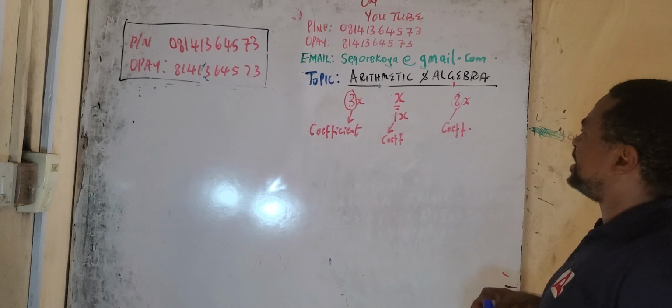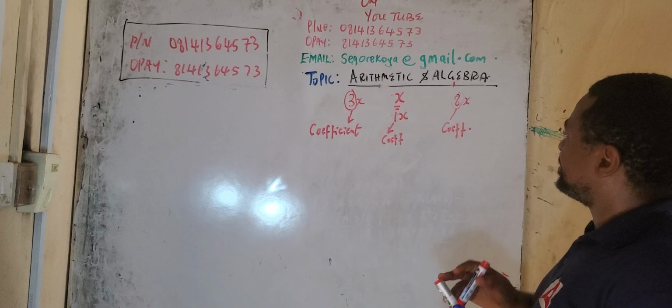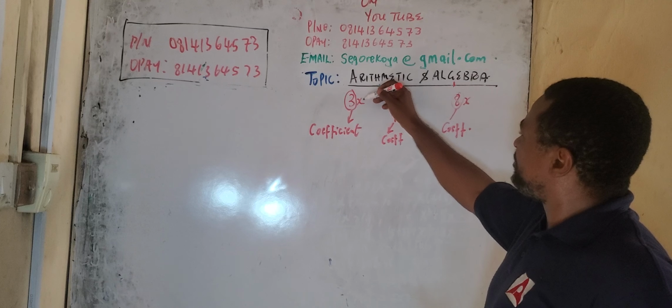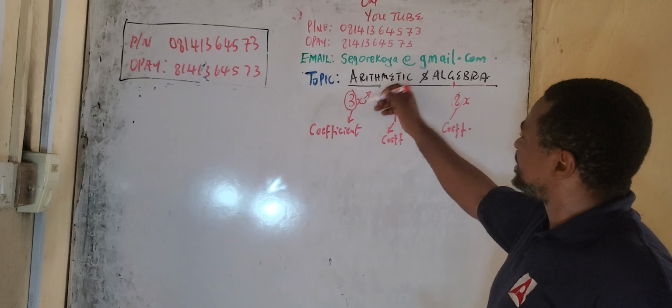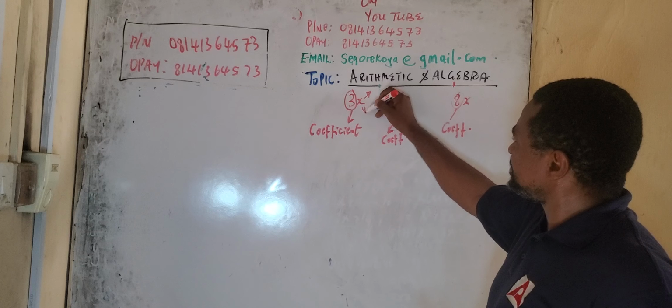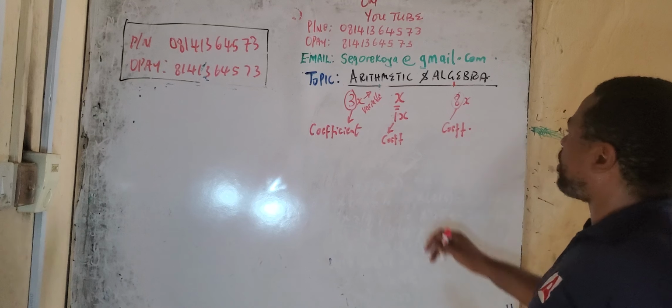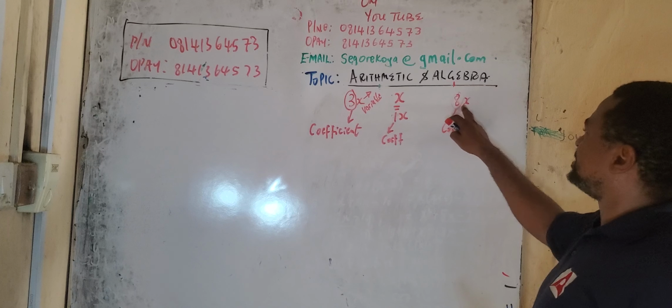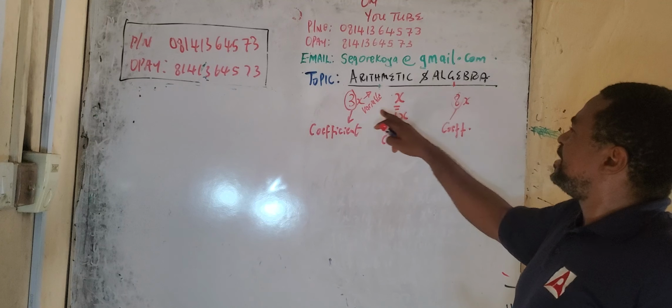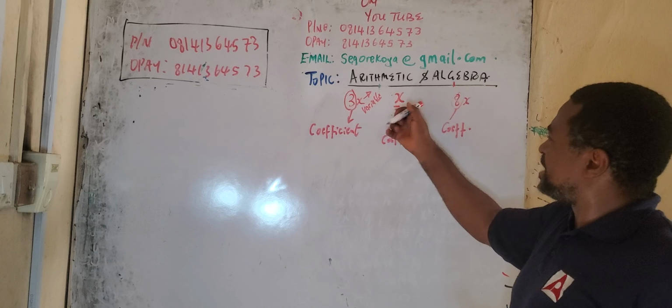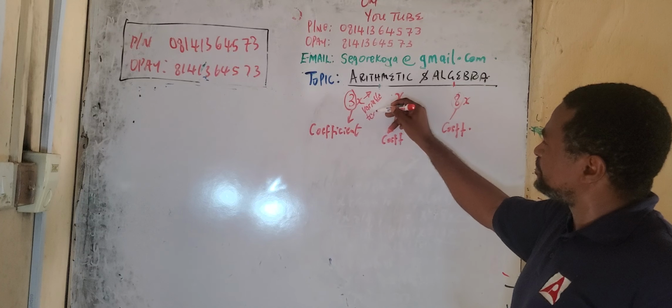And these letters that are written beside the coefficient are the variable, or variable term. You can call it variable term.